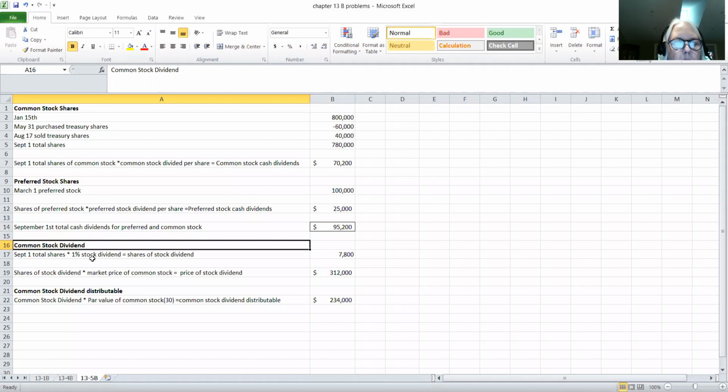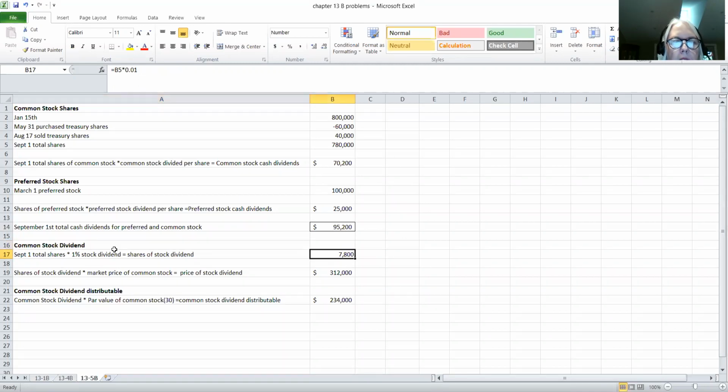We're going to multiply it by 1%, and that will give us the number of shares in the stock dividend. So I'm taking the 780,000, multiplying it by 1%, and that will give me 7,800 shares that are going to be in this stock dividend. We have to put a dollar amount on that.